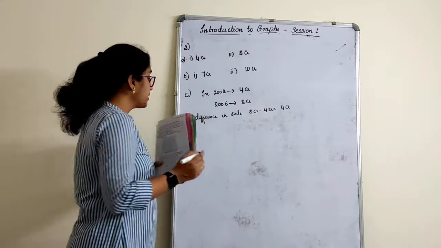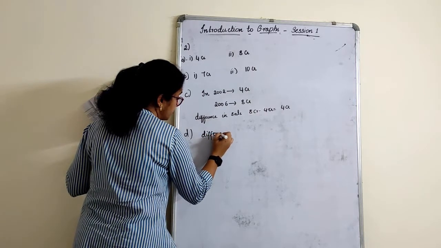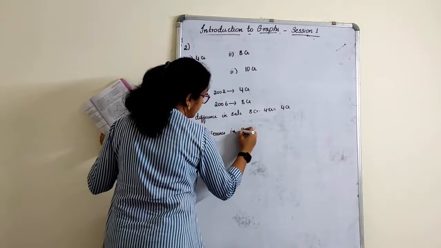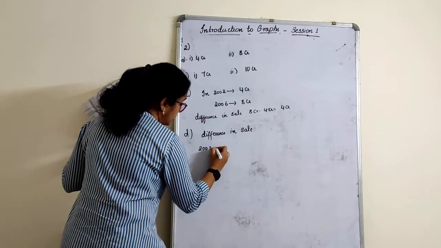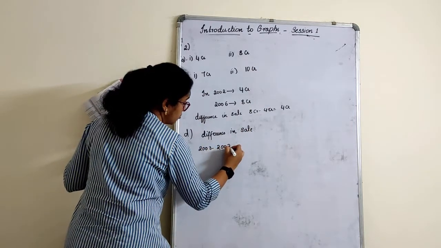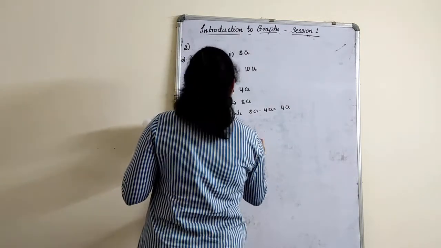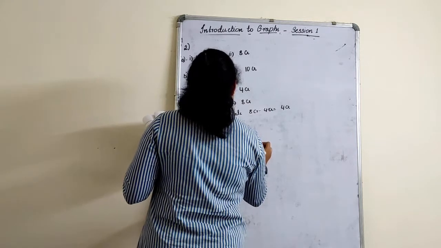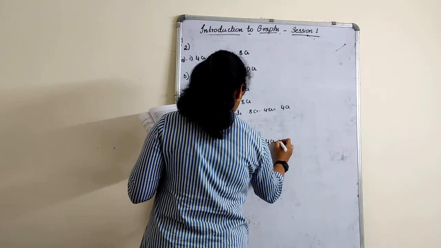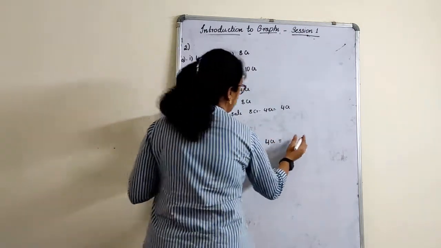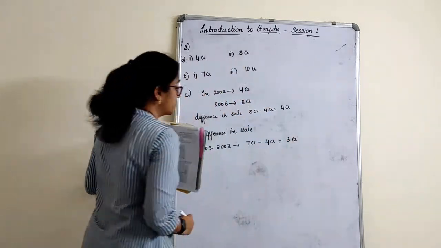For example, let us find the difference in sales for all. 2003 minus 2002. So in 2003, children, it is 7 crores minus 2002, it is 4 crores. Right? So 3 crores. The difference in sale.